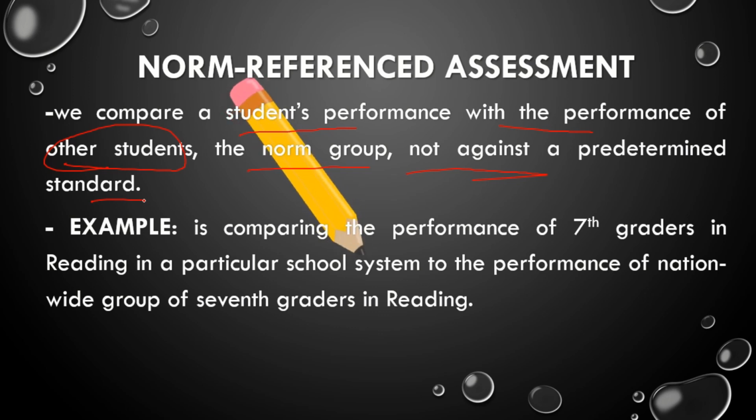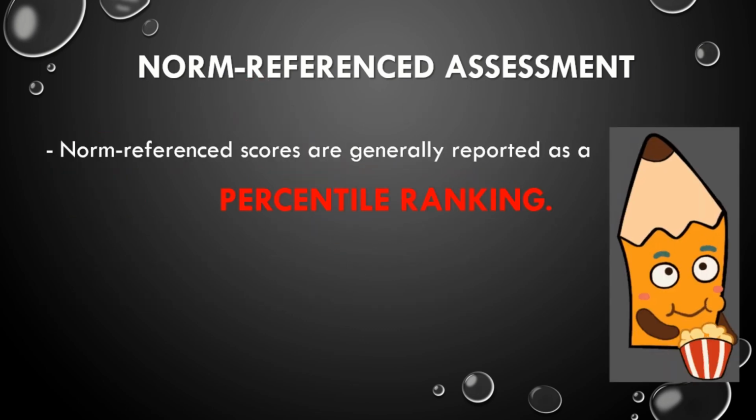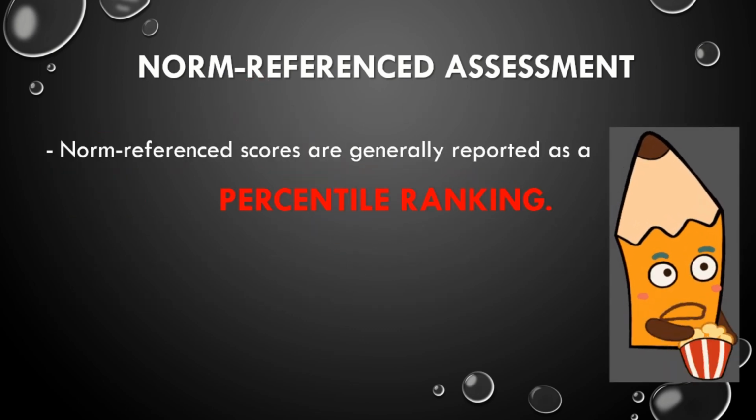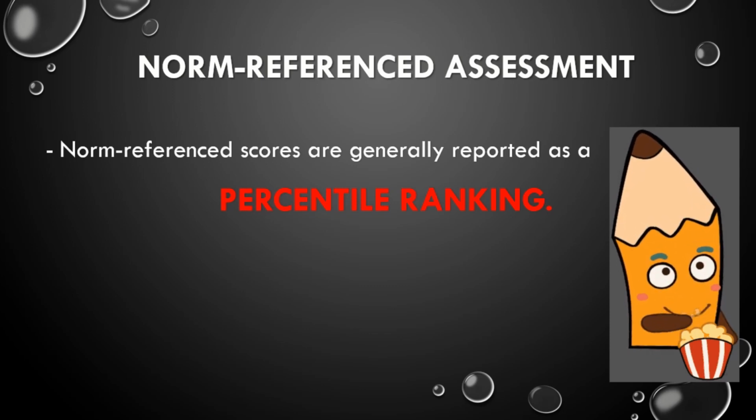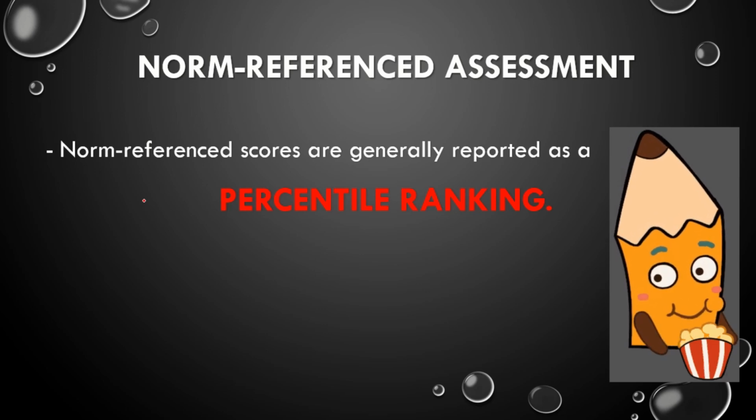So in a norm reference score, these are generally reported as percentile rank. For example, in the National College Entrance Examination, or the NCEE, if you are familiar, which is conducted here in our country, a student who got the 99th percentile rank in the NCEE means that he belonged to the upper 1% and surpassed 99% of the NCEE examinees.